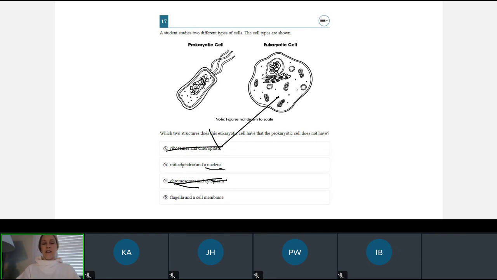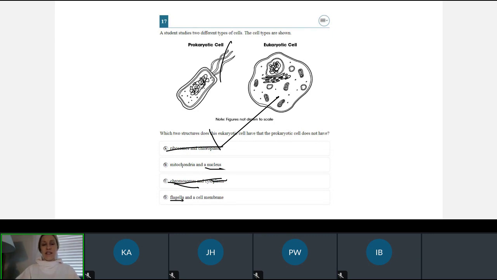What about flagella? Well, we see flagella on this prokaryotic cell, but if you are a male, you have cells that have flagella. Your reproductive cells have flagella. All right. So it's not flagella.